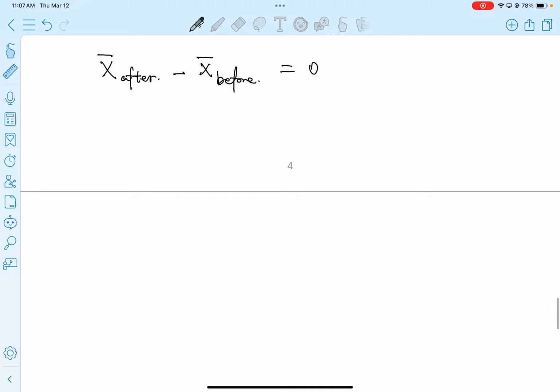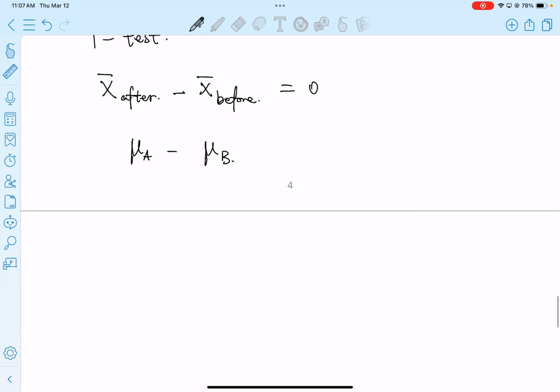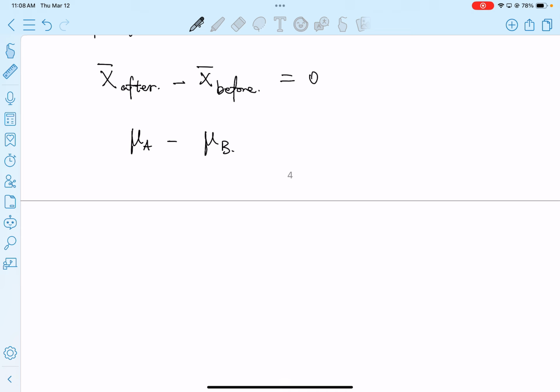Okay, so in terms of the population quantity, you will have the mu of after minus the mu of before. And then in analysis, people usually make up hypotheses. Your hypothesis, which people usually denote as H null, you will write down that H null is equal to 0.